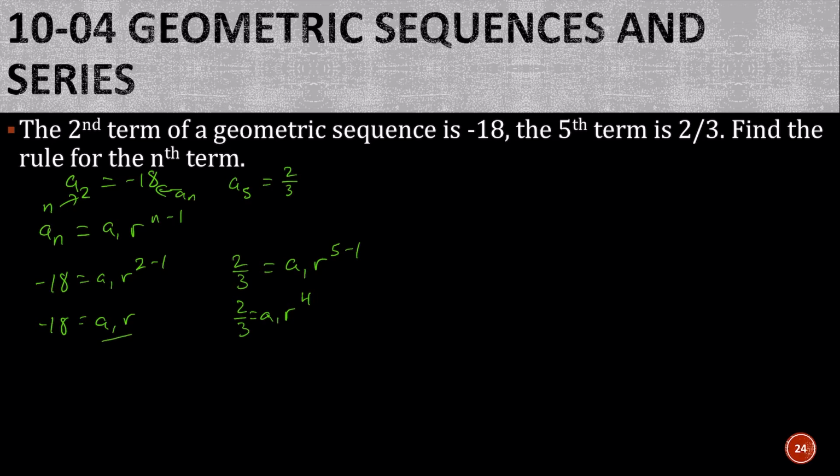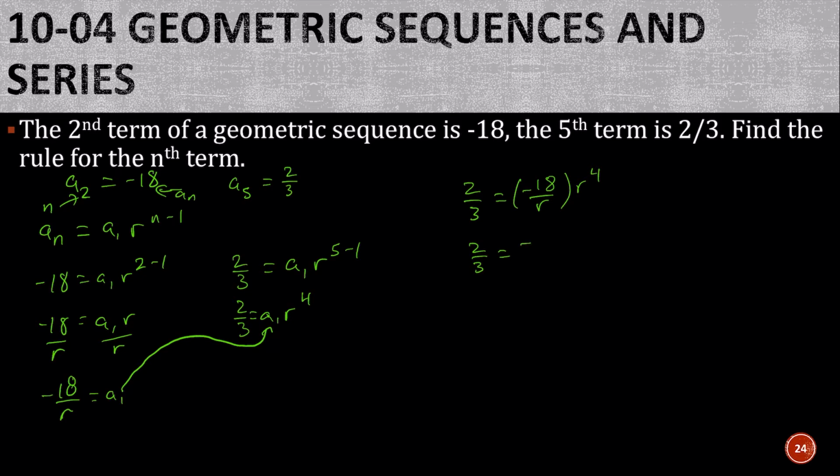Well, I could solve this first one for a1. So a1 is negative 18 over r. Plug that in there, and so we'd have 2/3 equals a1, which is negative 18 over r, times r to the fourth.